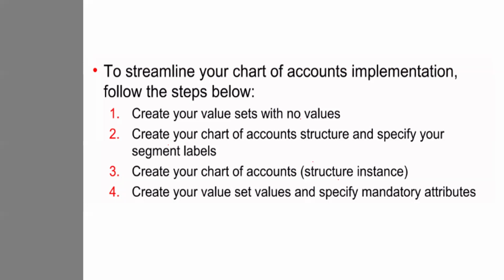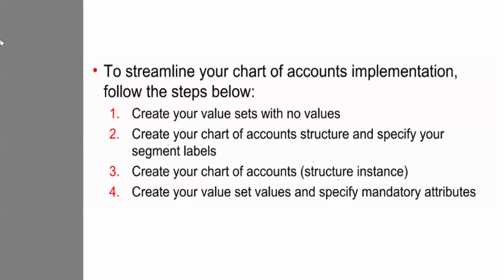Using the same structure, you can configure the instance. A structure instance depends on your business process. You can create multiple structure instances based on the same structure we created. Let's say we created a five or six segment structure, and you can create multiple structure instances.